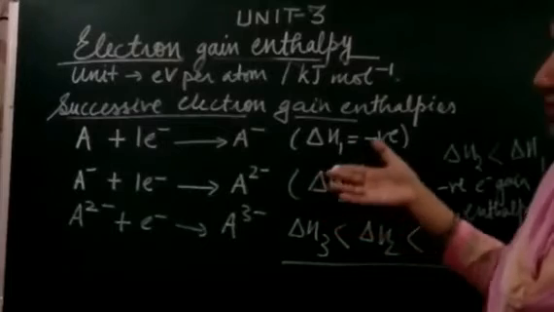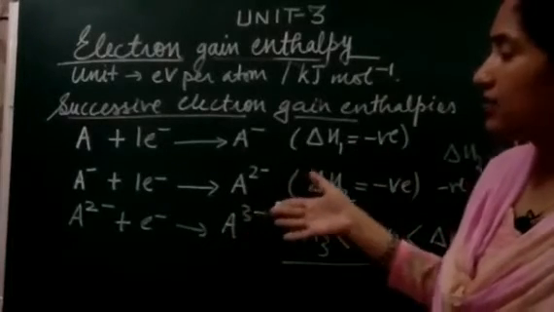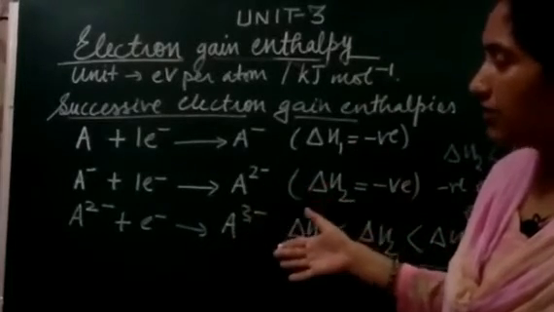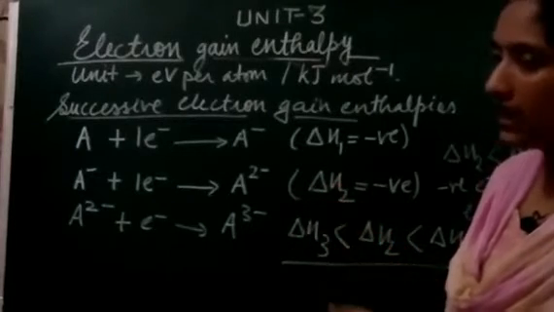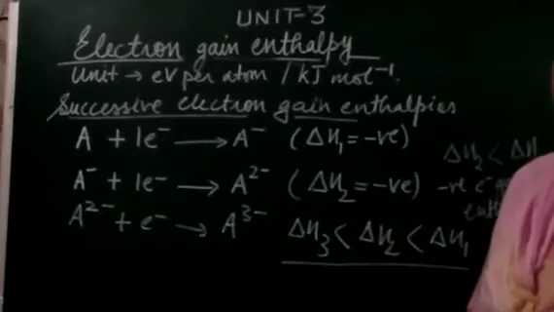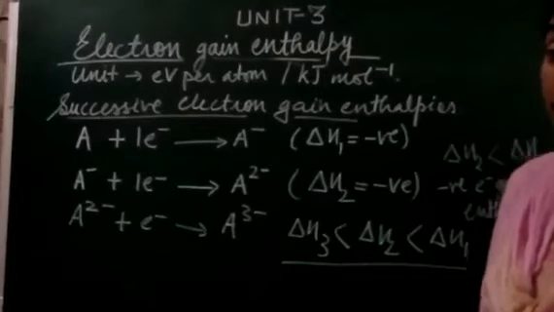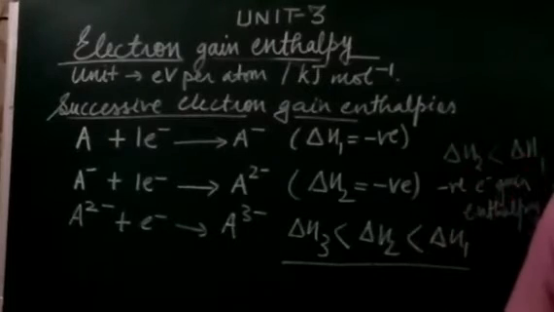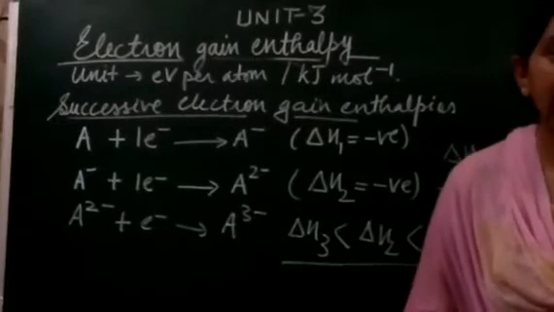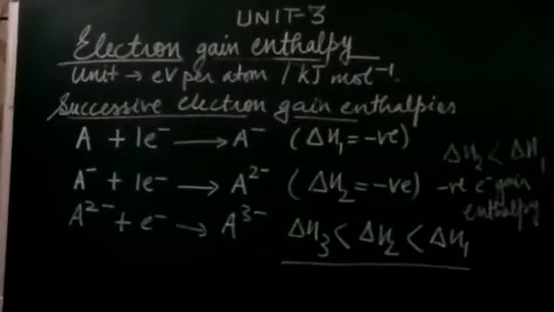It may also be that a negative electron gain enthalpy changes into a positive electron gain enthalpy. That means energy will have to be added to get that electron added to that atom. Students, just go through it, successive electron gain enthalpy.